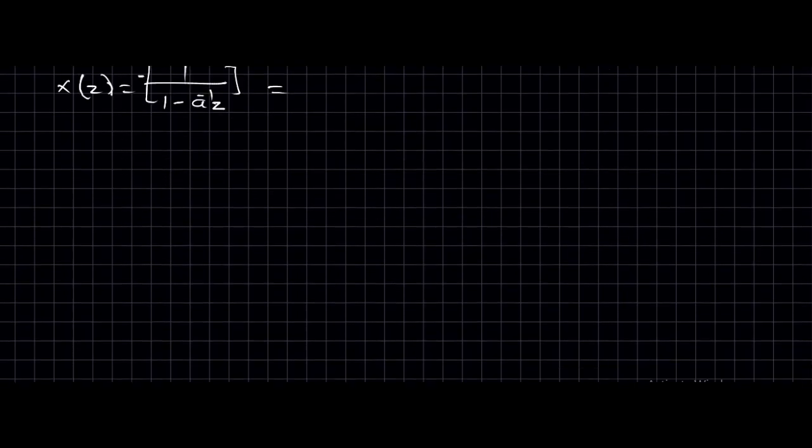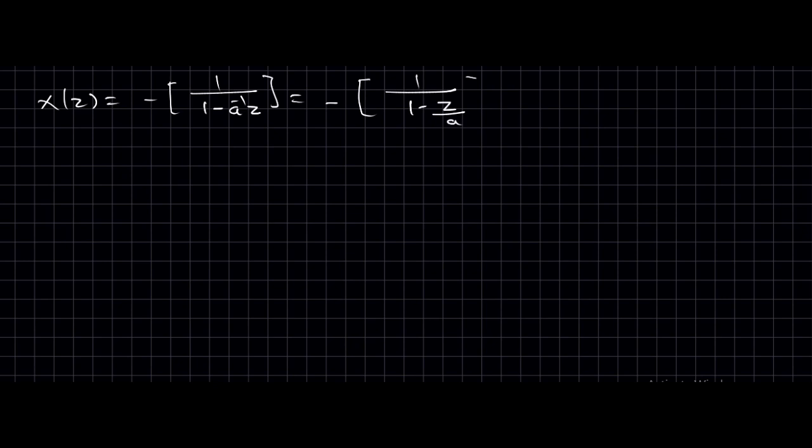Now we can simplify this further for the region of convergence. So x of z we have minus 1 over 1 minus a raised to minus 1 z. We can write it like this: 1 over 1 minus z over a.